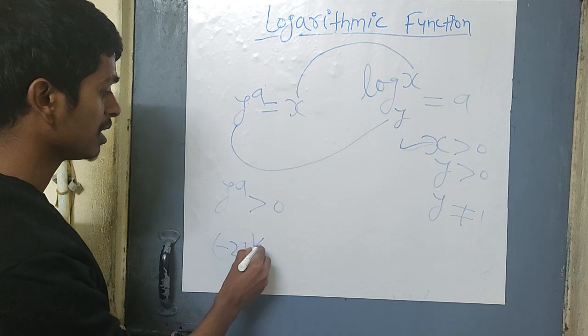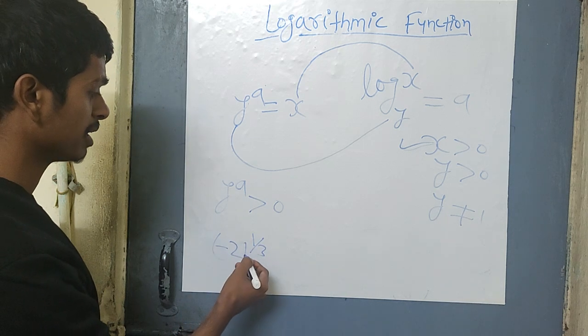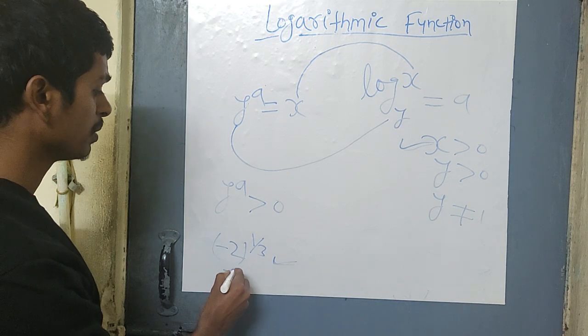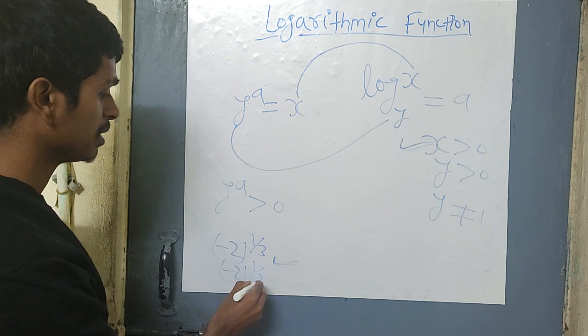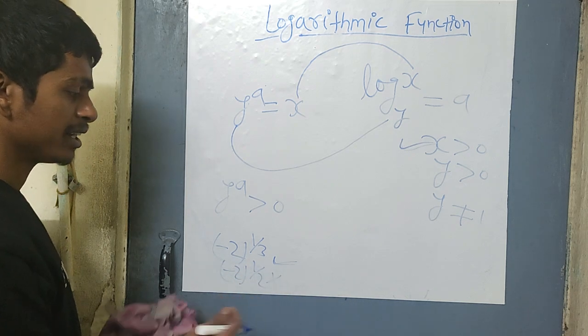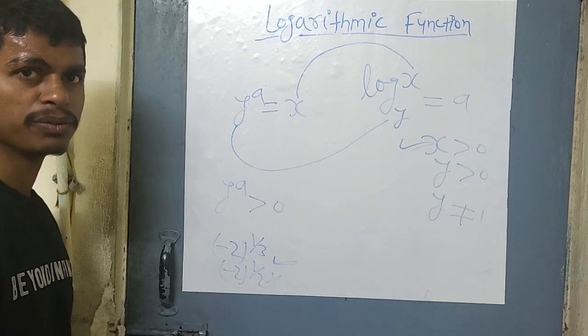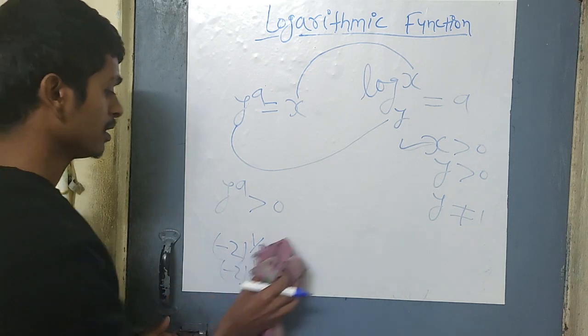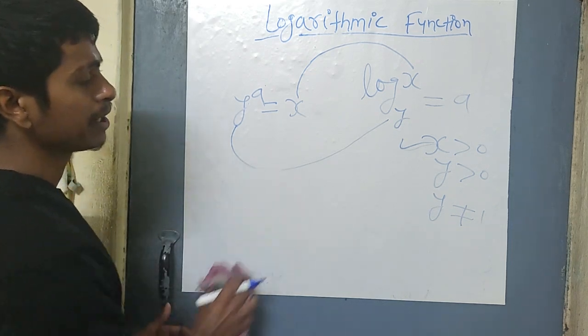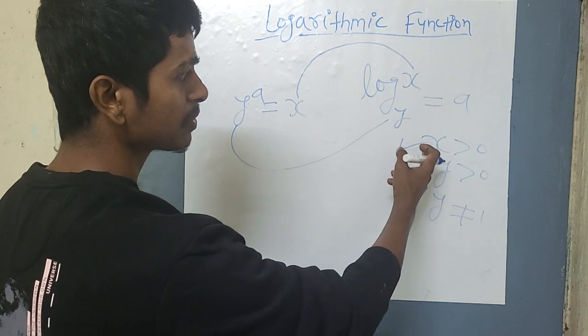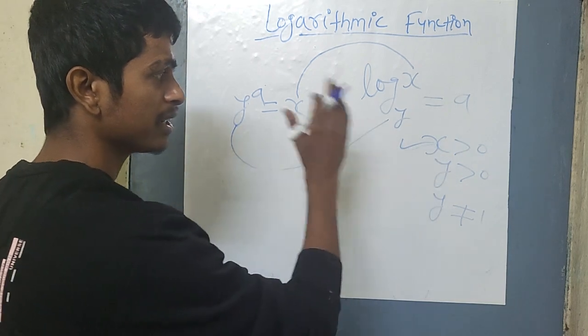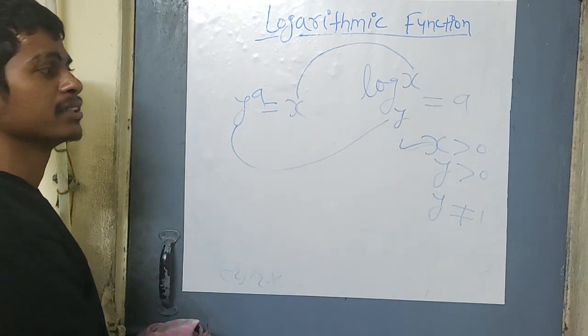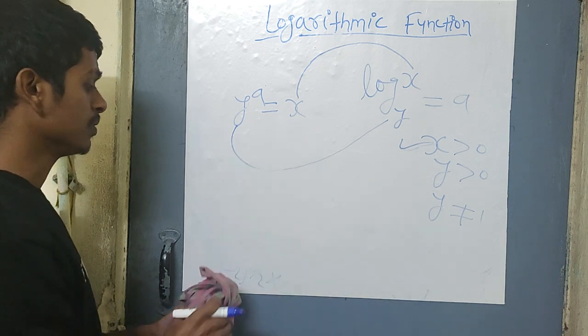Suppose in the case of a radical power, -1 by 2 is actually possible, but -2 to the power 1 by 2 won't be valid in a real valued function. That's why you cannot take negative. So clearly, x should be greater than 0, y should be greater than 0, and y should not be equal to 1.